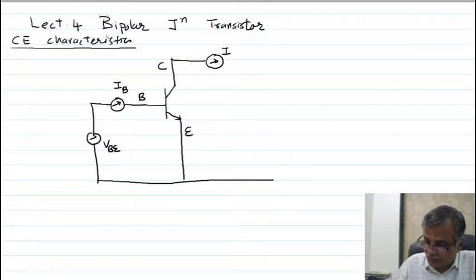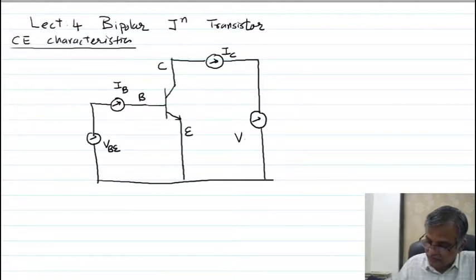To measure output current I am connecting a current meter. To measure output voltage between collector and emitter I am connecting a voltmeter.